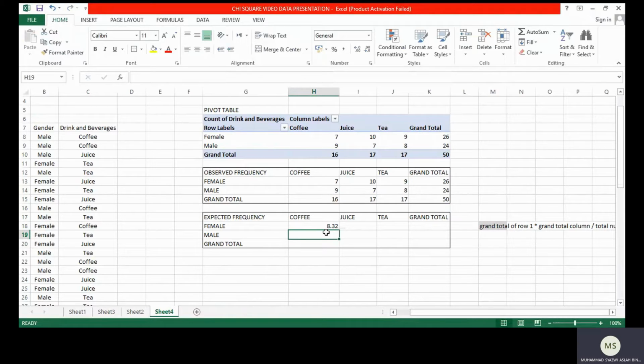It is the same for the male, and the same for the others. We will use the formula manually.